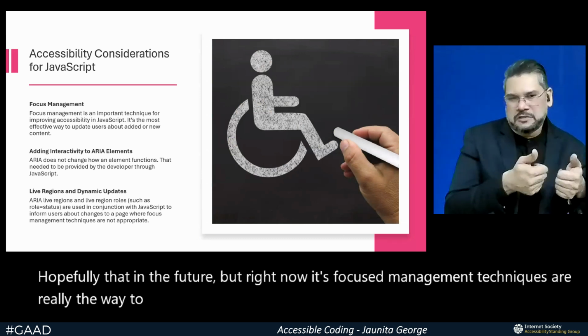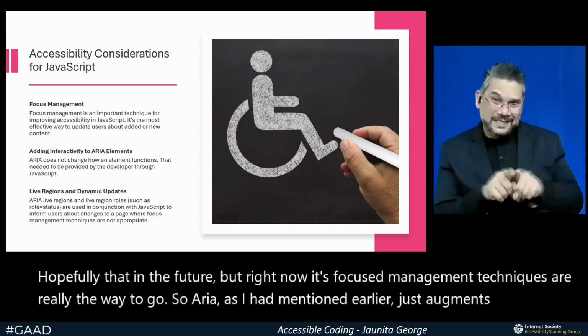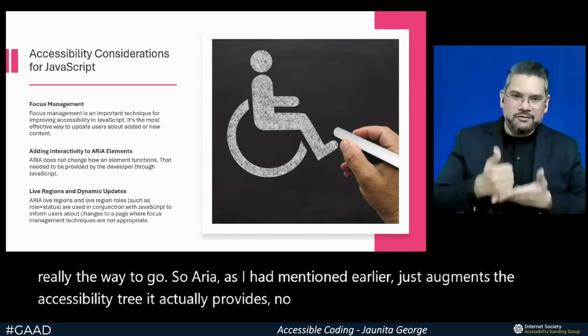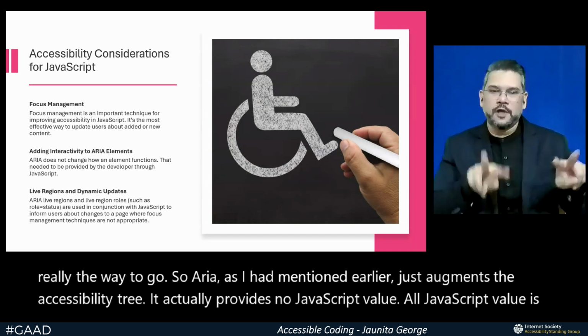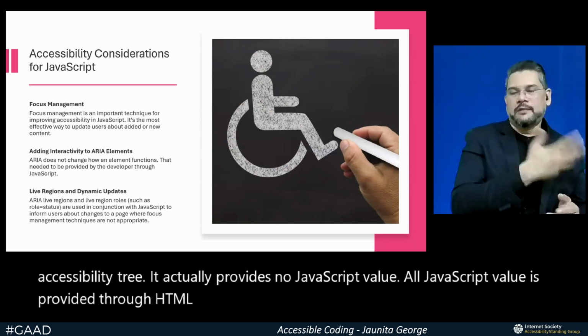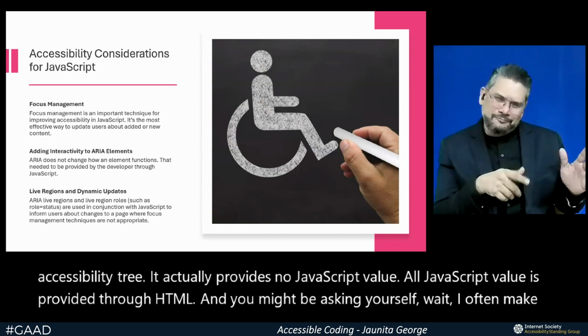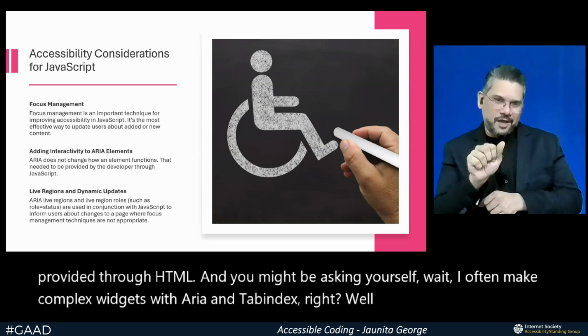So ARIA, as I mentioned earlier, just augments the accessibility tree. It actually provides no JavaScript value. All JavaScript value is provided through HTML. And you might be asking yourself, wait, I often make complex widgets with ARIA and tabindex, right? Well, tabindex is actually an HTML attribute.